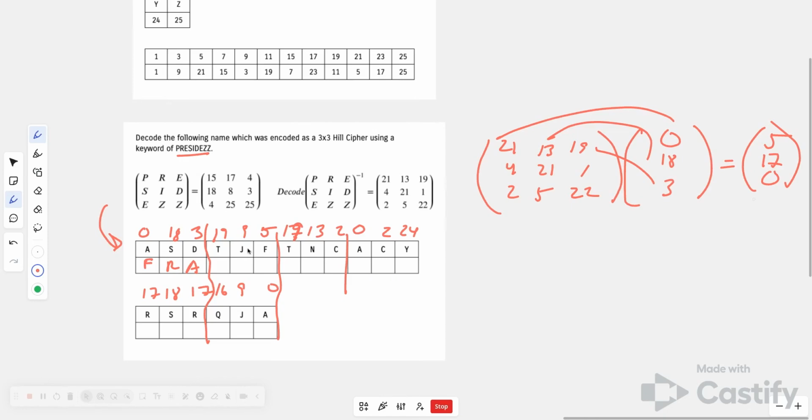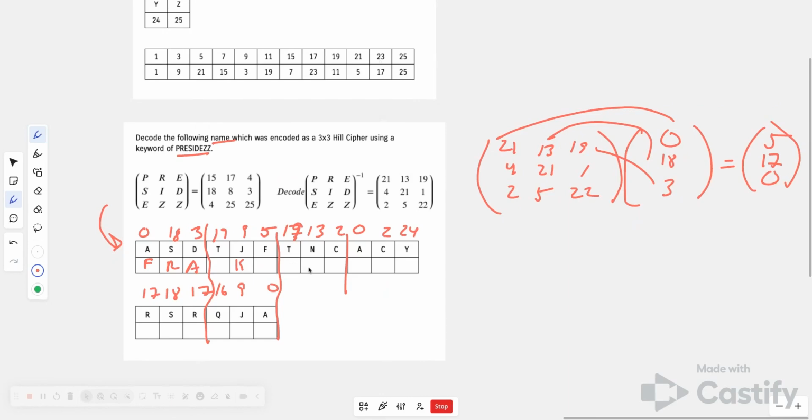Just to check and make sure it's not something else, we can do the alternate. I'm just going to do this quickly so we can get the cipher, because the main idea is just getting it.